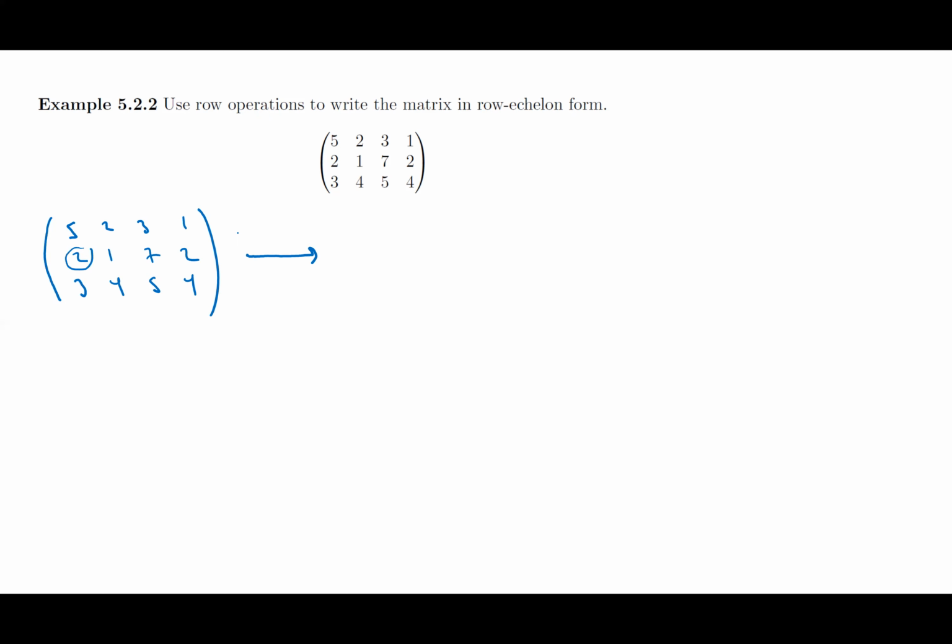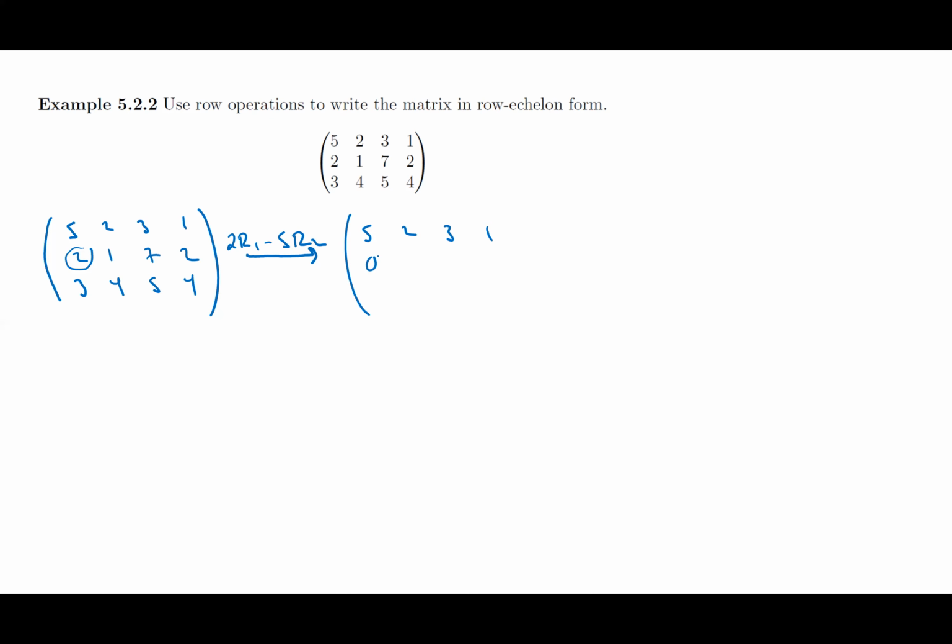And so if I take 2 times row 1 minus 5 times row 2, and I'm changing row 2. So row 1 will stay the same. And then, right, now I'm gonna multiply the top row by 2, the bottom by 5, and subtract. So 10 minus 10 is 0, mission accomplished, right?